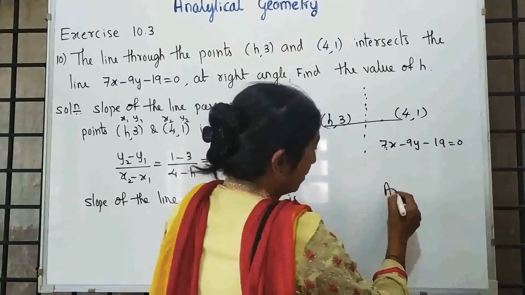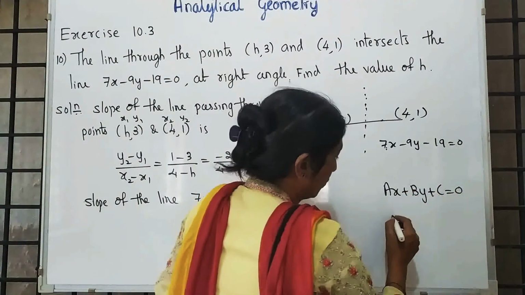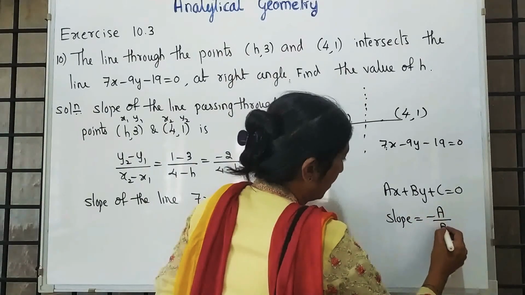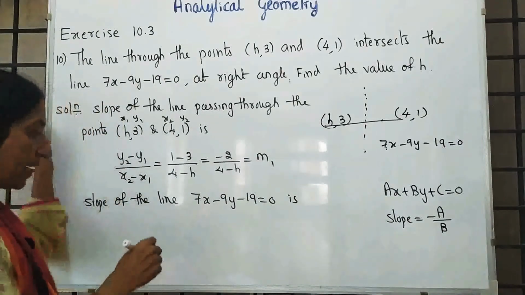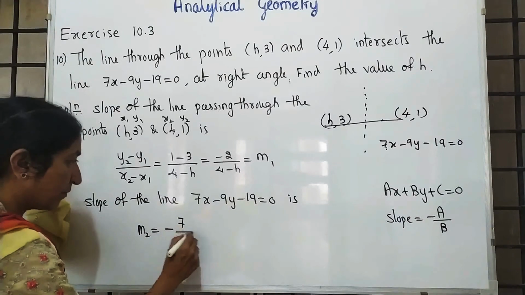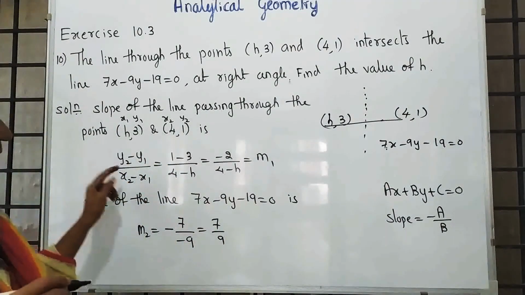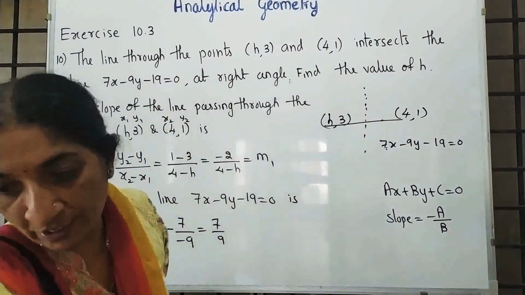See, what is the slope of ax plus by plus c is equal to 0? The slope is equal to minus a upon b, coefficient of x upon coefficient of y. m2 is equal to minus a, where a is 7, b is minus 9. That is 7 by 9. But these two lines are what? They are perpendicular to each other.